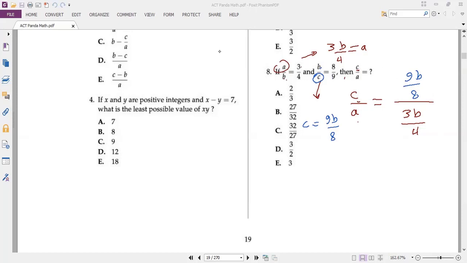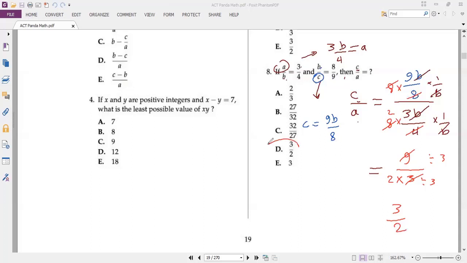If we divide, B by B, you can eliminate B with B. Now we make the denominator 8, times 8 up and down. So we have 8 over 3, divided by 4 is 2. Here 3 over 2, divided by 3 here, divided by 3 here. We have 3 over 2, exactly the same.